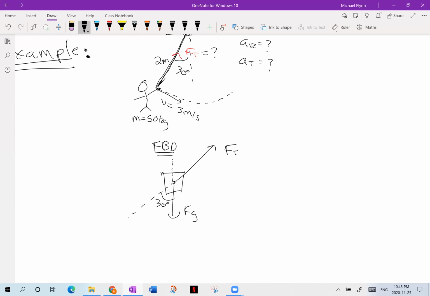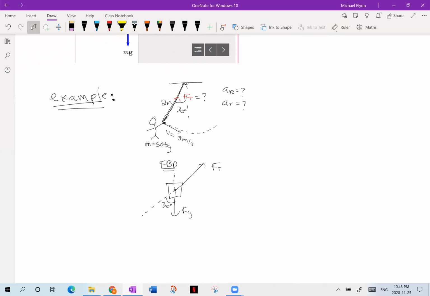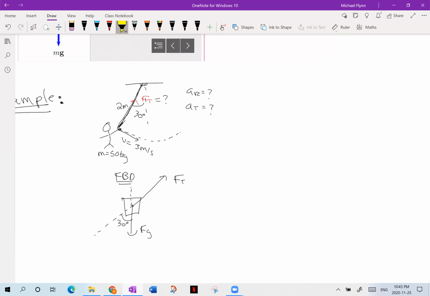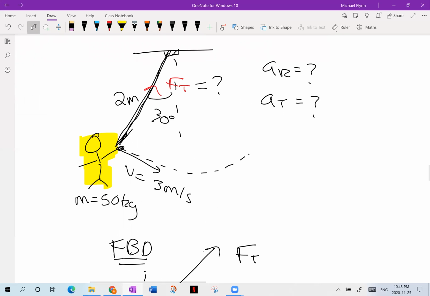Okay, now here's the deal. This is the trick to doing this question. When he's in this position, so let's go back up to our picture. When the guy's right here in our system diagram, in that spot, from where he's standing, where's the center of the circle? And the answer is the center of the circle is where the rope is attached, okay, at the top. That's always true in a vertical pendulum.